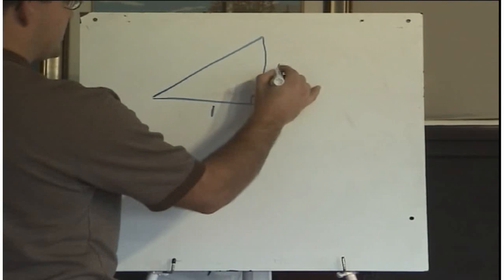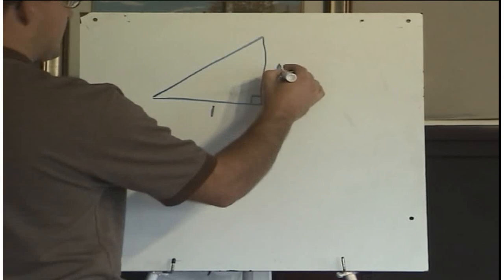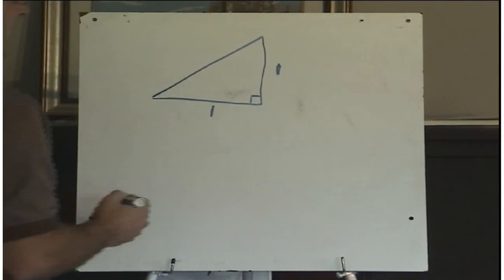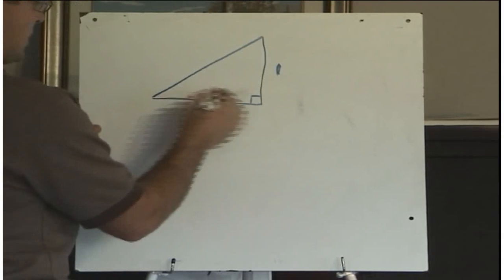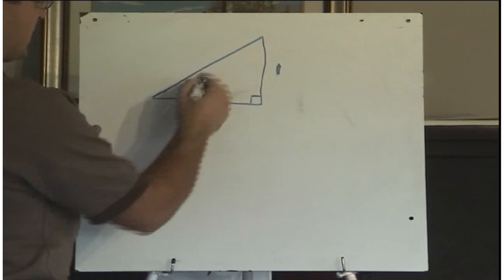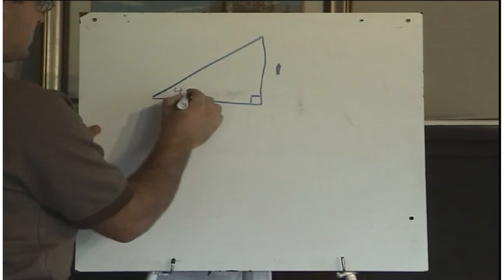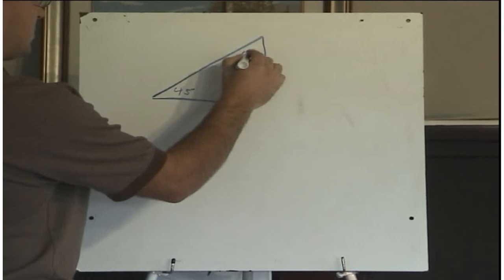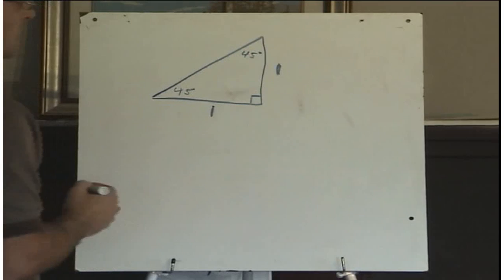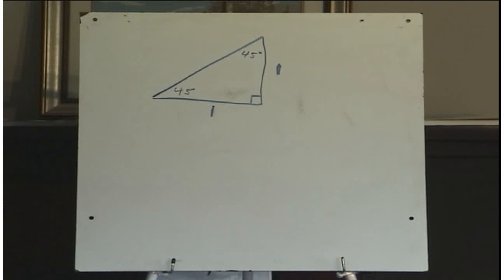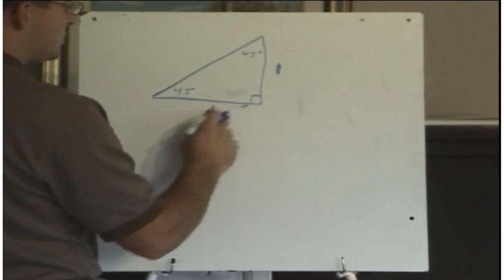Remember, isosceles means it has two sides that are the same length. I'm going to make them 1. If this angle is 90, the remaining two angles must add to 90 and must be equal because it's isosceles. So I've got a 45, 45, 90 triangle where this is 1 and this is 1.